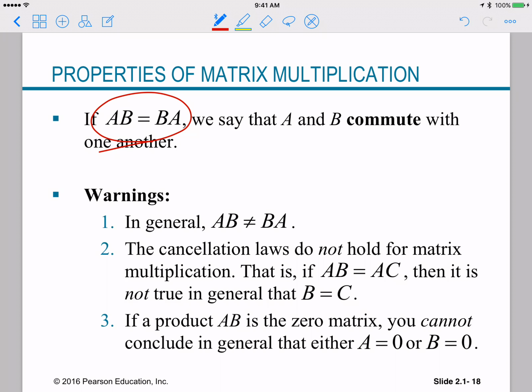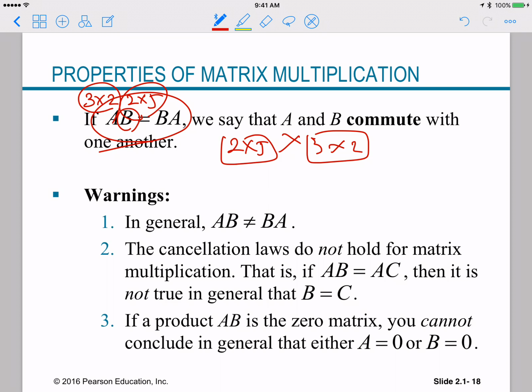In many cases, it's not defined, because if A was 3 times 2 and B was 3 times 5, and then we switch the order, 2 times 5 and then 3 times 2, it's not even defined, right?